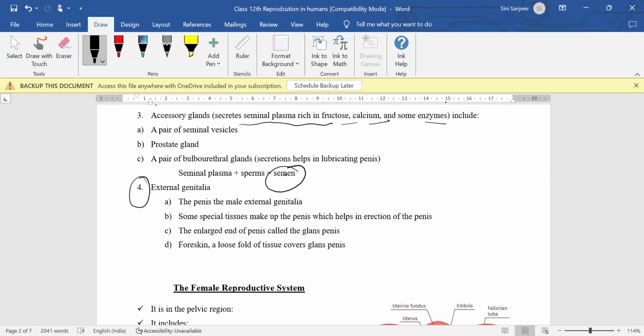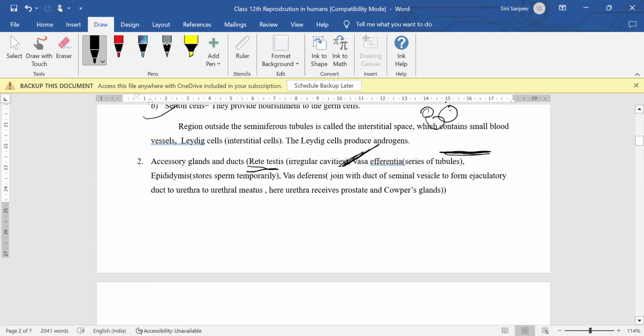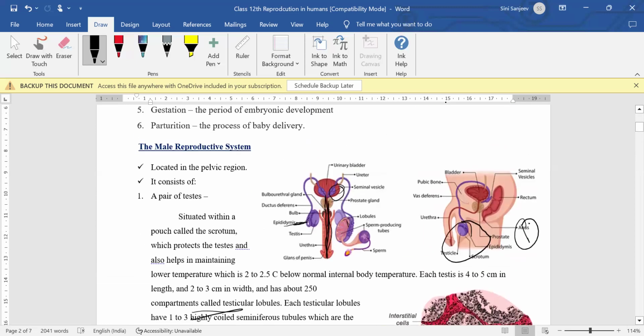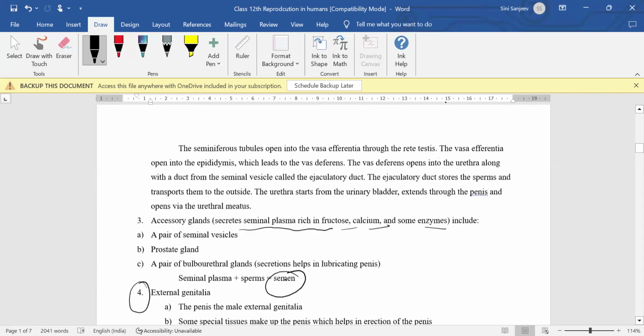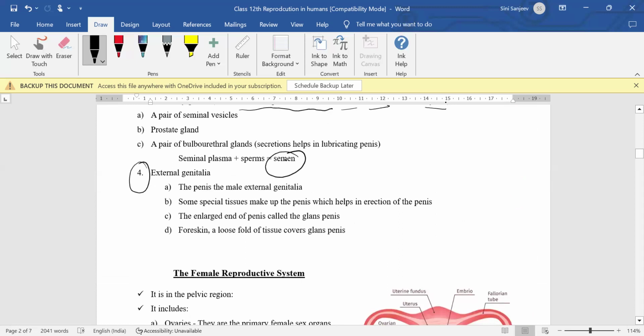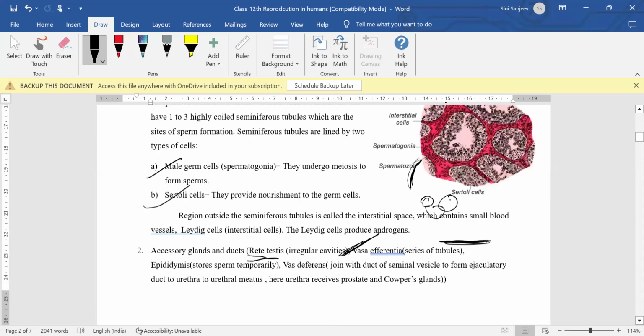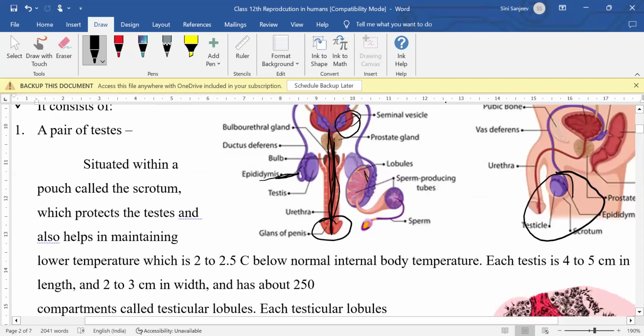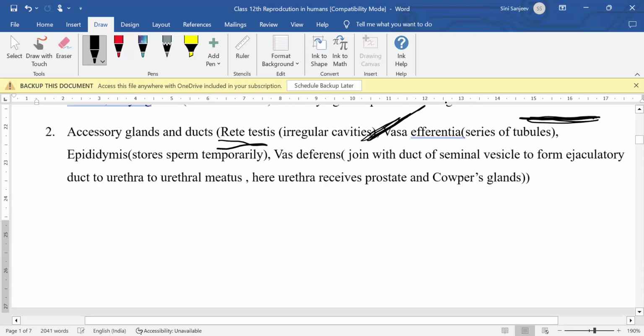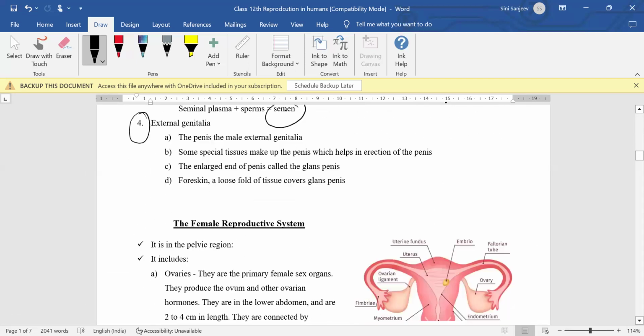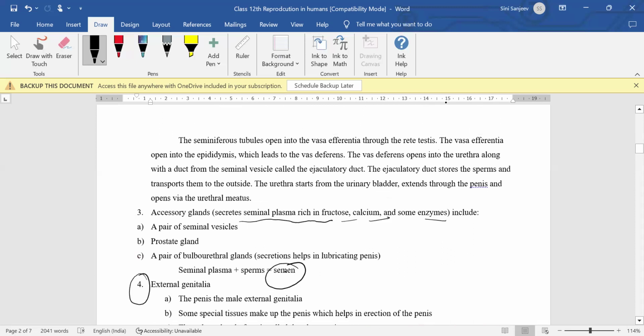The penis has an enlarged end, which is called the glans penis, and it is covered with a skin called the foreskin. From here, the sperms exit out. So this is all about the male reproductive system.